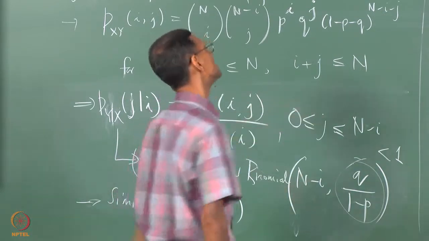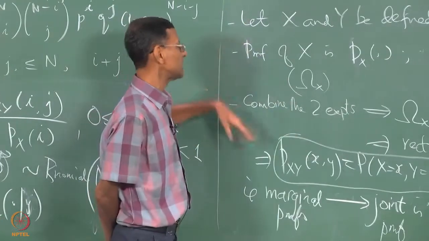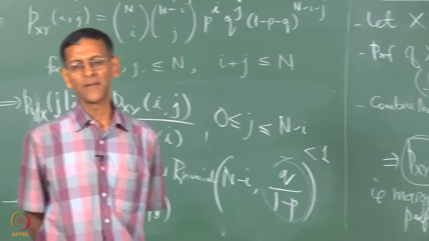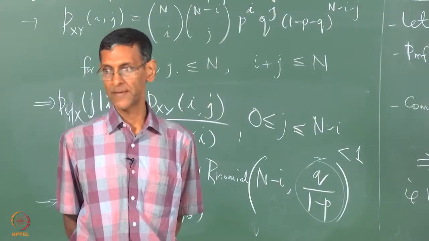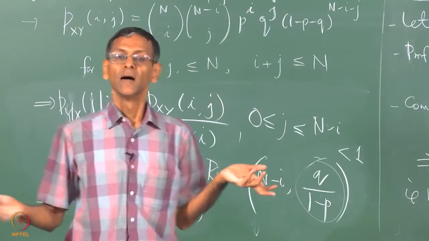Is this the only way? This is the most popular, or the most commonly encountered situation. We always combine independent random variables to form bigger spaces, or independent experiments to form a bigger composite experiment.